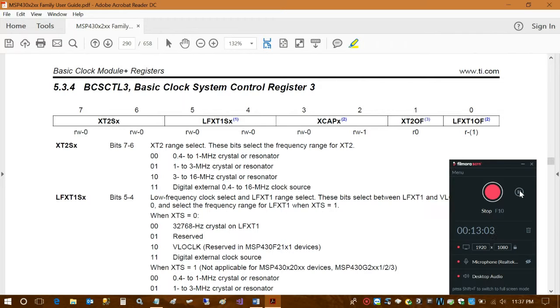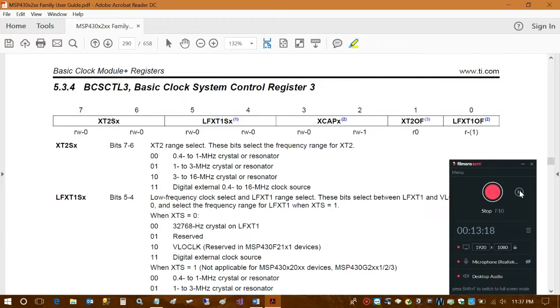If you're selecting a crystal of 16 megahertz, then you have to put a value of 10. So this particular value you have to select according to the crystal you're connecting to the microcontroller.